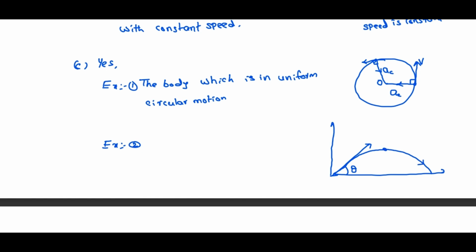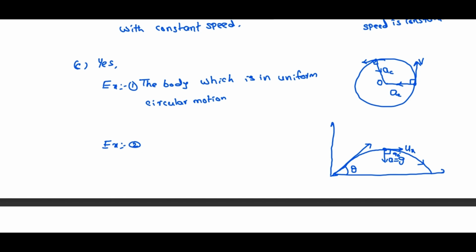At maximum height, the direction of velocity will be horizontal, that is u suffix x, the horizontal component of velocity, but the acceleration is equal to acceleration due to gravity, which is acting downwards. That means here the angle between u and a is 90 degrees.